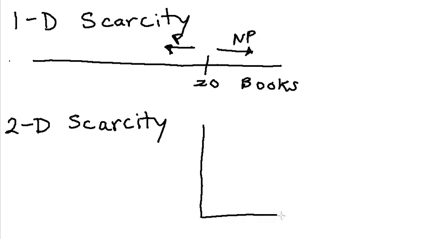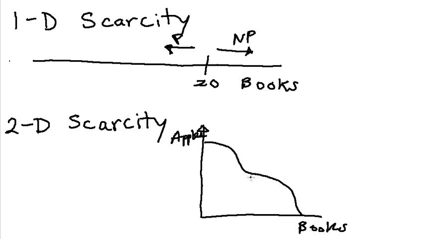So we'll draw the usual Cartesian plane, that's the usual graph. We'd say now apples here on one axis and books on another axis. And this curve represents the limit of what kind of bundles you can buy.